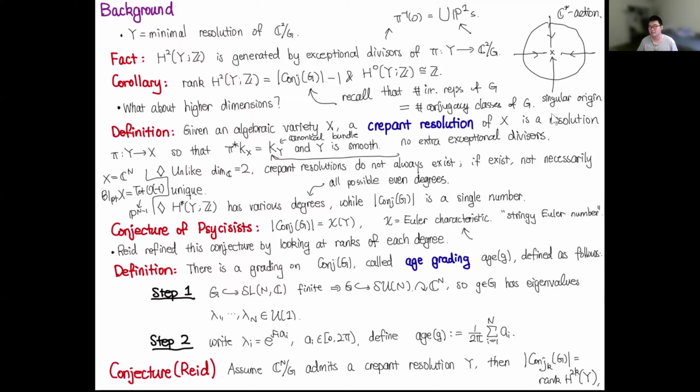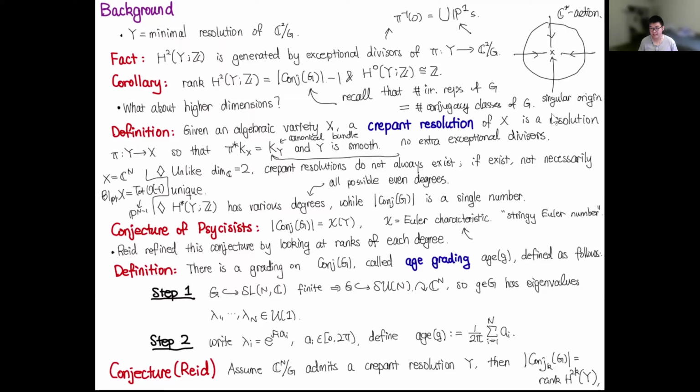And in higher dimensions, you need to sum up all the possible different degrees. There is also an implicit claim, which is that all odd degree cohomology of Y should vanish.